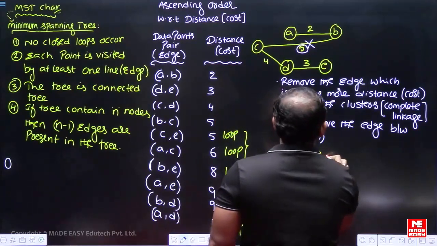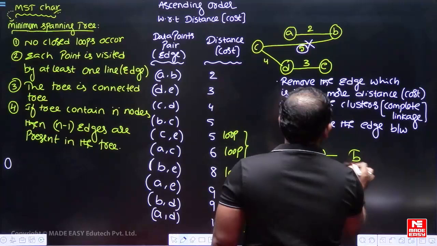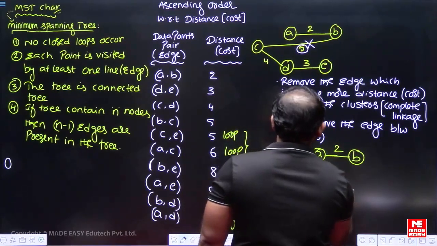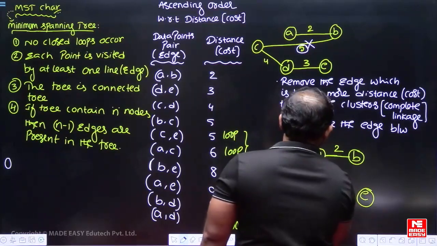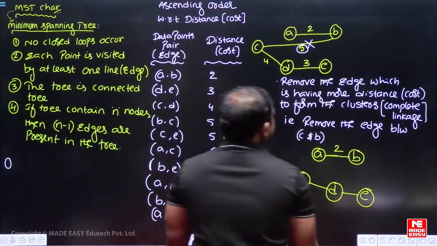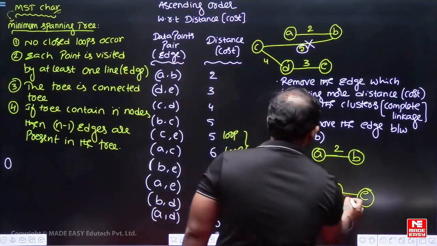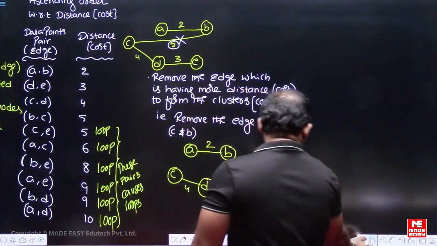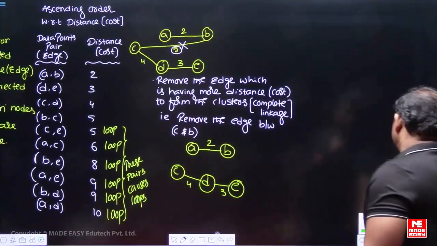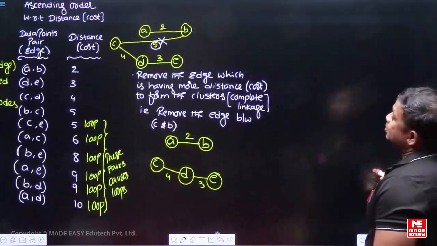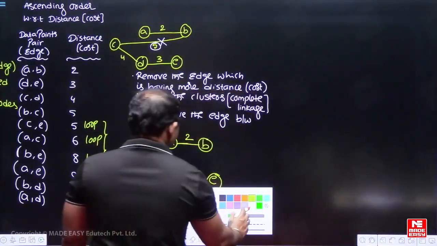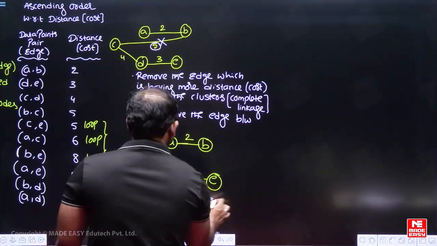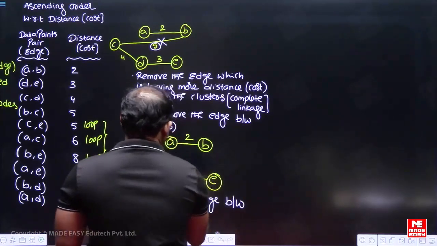A, B with 2, and C, D, E, like this. So here two clusters are formed. Now what do we need to do? Take the maximum distance edge and remove it. So here remove the edge between C and D.